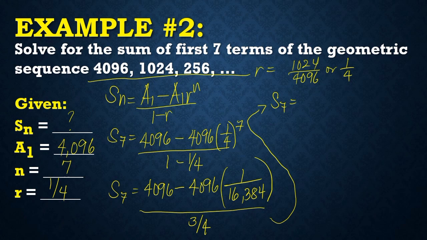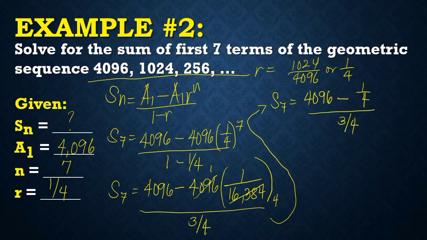So 4096 minus, yung common factor ng 4096 tsaka 16,384 is yung 4096. Kung pwede natin i-cancel yung 4096, matitira 1. Yung 16,384 magiging 4. So magiging 4096 minus 1/4 all over 3/4.